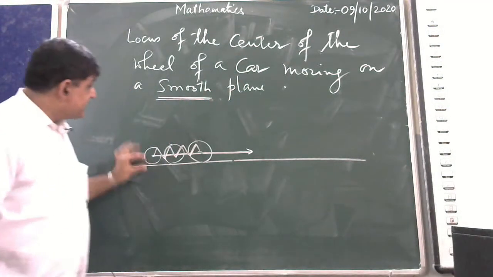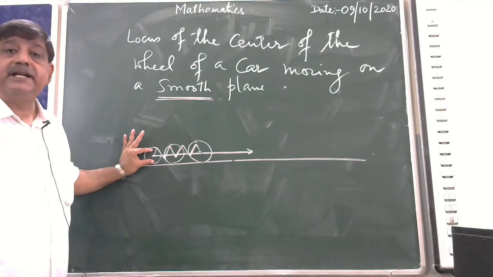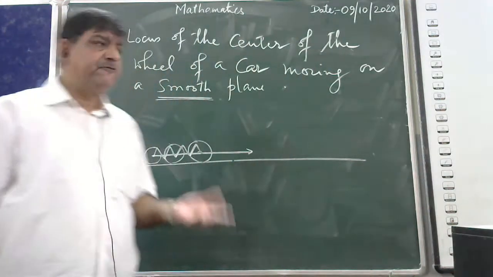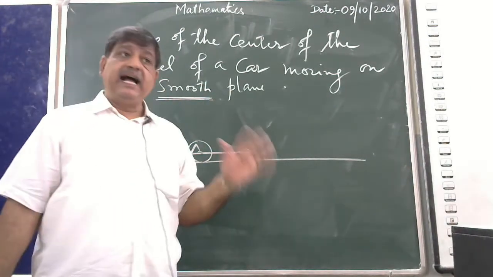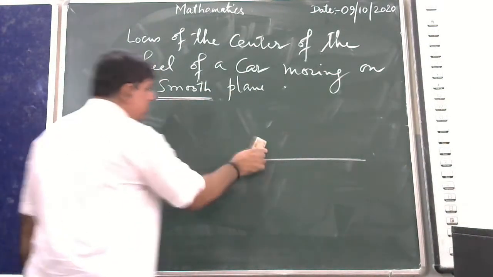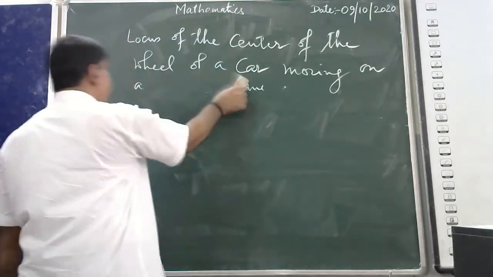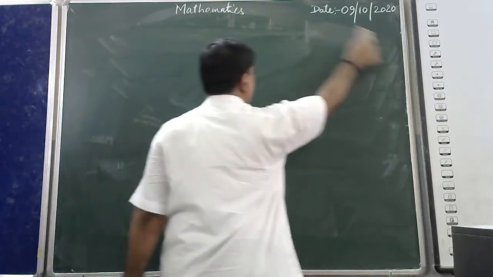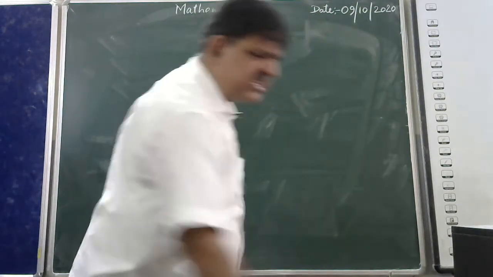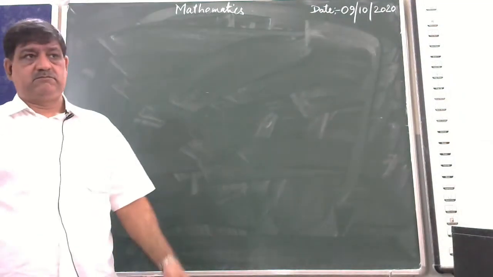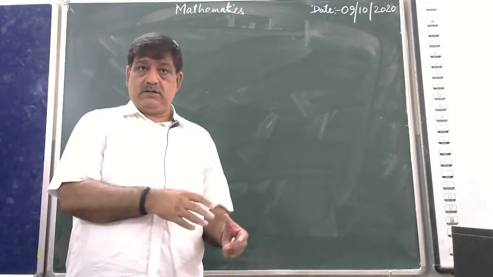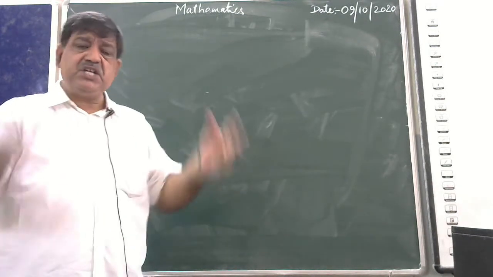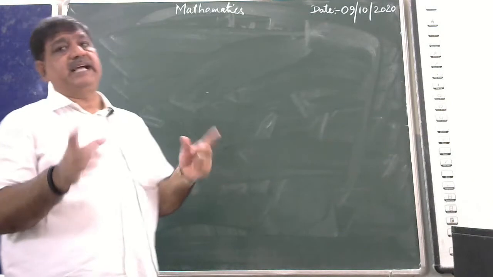and at a distance equal to the radius of the wheel. In this way, you can imagine different types of locus, and that locus has got some figure. Each and every figure which you observe in coordinate geometry or in nature has got an equation.